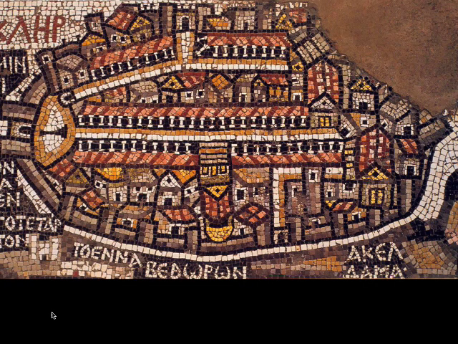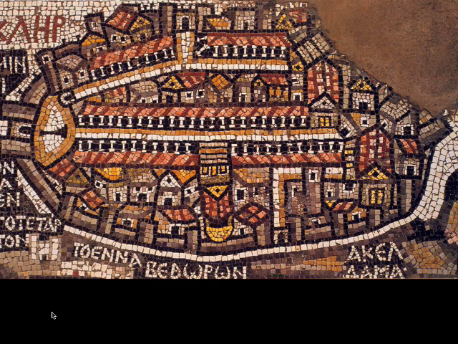And central to the map, indeed, literally central, is this depiction, which is labeled Hierapolis, the holy city of Jerusalem. And you see a depiction of Jerusalem as it was in the latter part of the 6th century CE. Here are the walls. There are various gates.